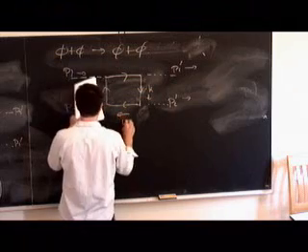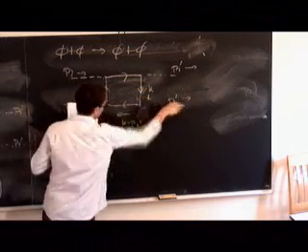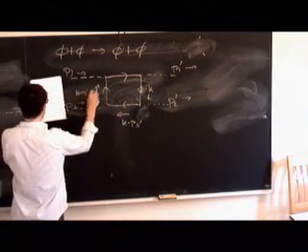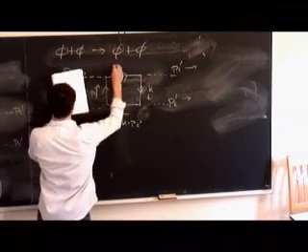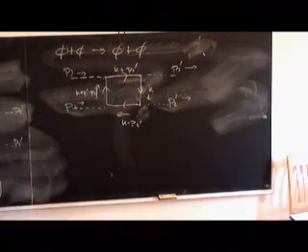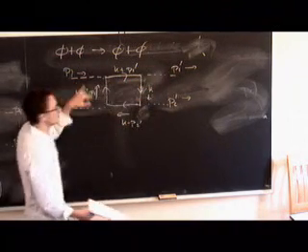In particular here, we've got a K minus P2 prime, because P2 prime went out that way. Here we've got a K plus P1 prime minus P1. And here we've got a K plus P1 prime. The reason these are the same is because the sum of all momenta is equal to 0.